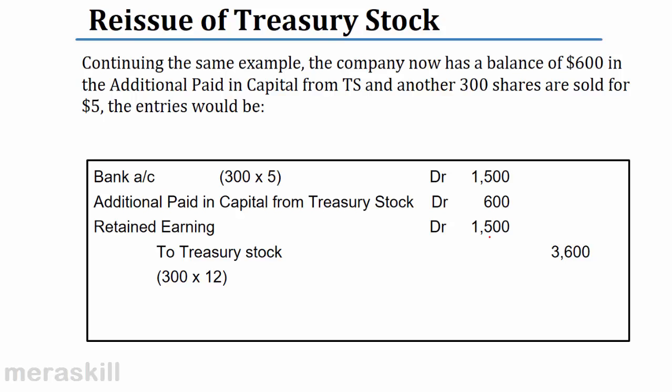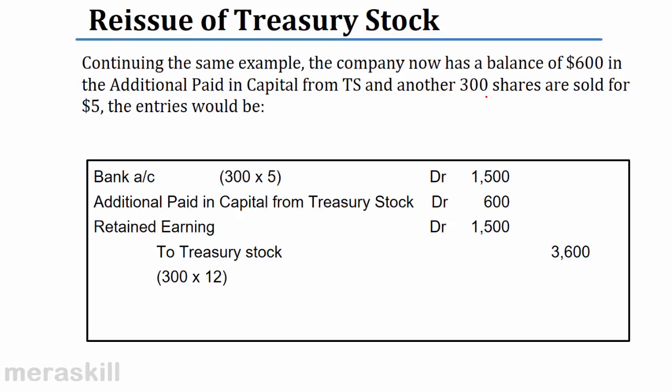Continuing the same example, the company now has a balance of $600 in the APIC and another 300 shares, let us say, are sold for $5. Then what happens? We are doing the same example. The company has a balance of 600 in the APIC. This is what we have seen, right?